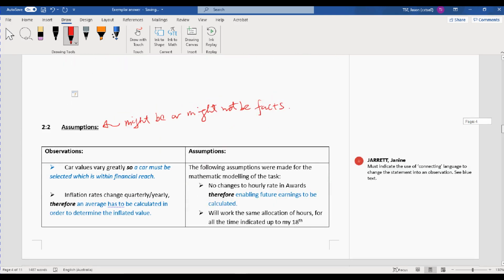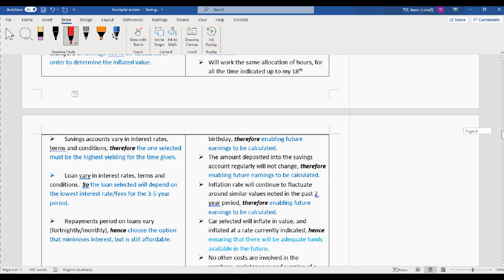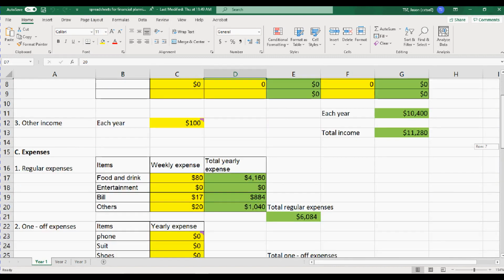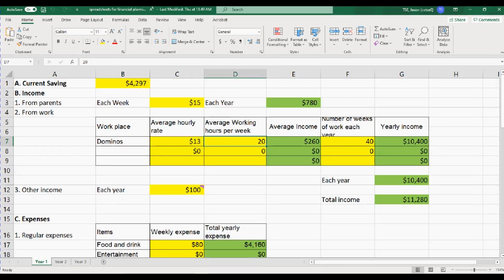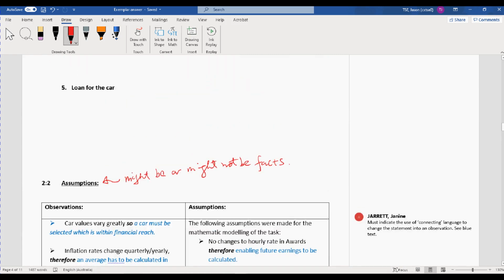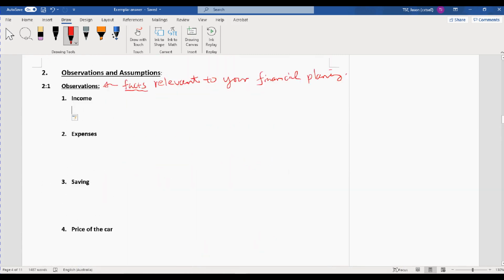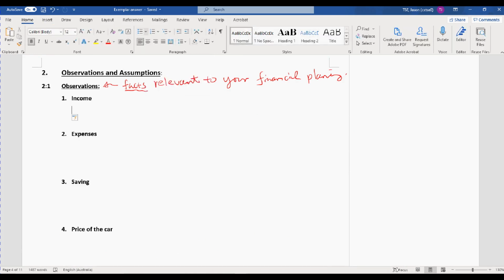There are many things you've done about your incomes, but when we go back to your spreadsheet, you see the income means you need to have average hourly rates and average working hours per week to get the income. And there are many different sources for income. One of the observations you might say, and it's just for reference, that doesn't mean you have to do the same thing as me.